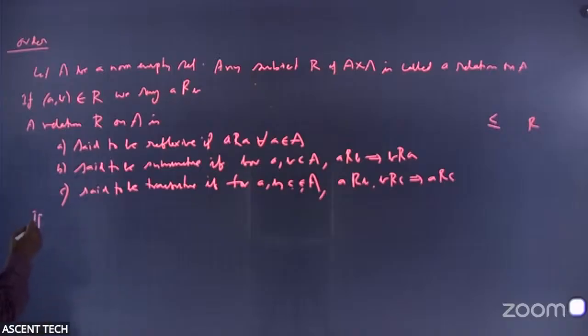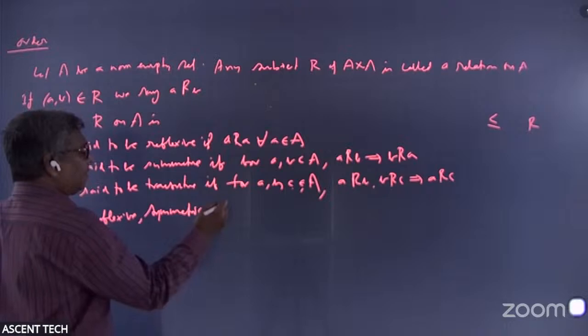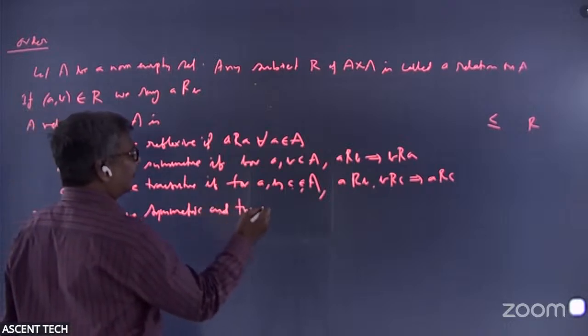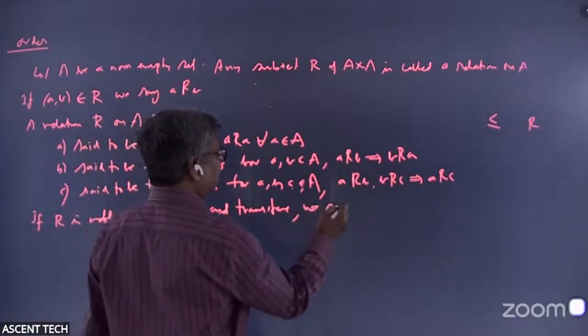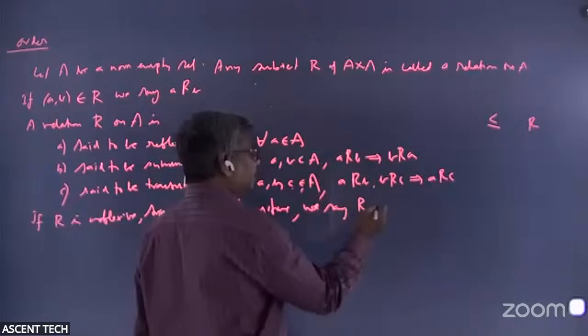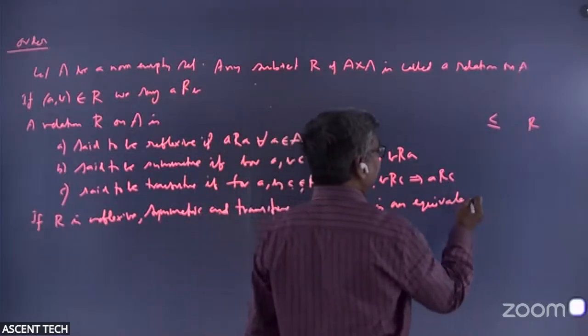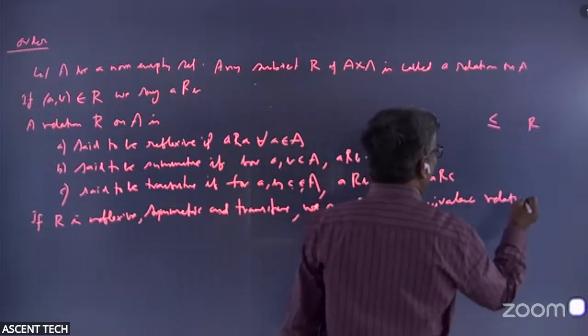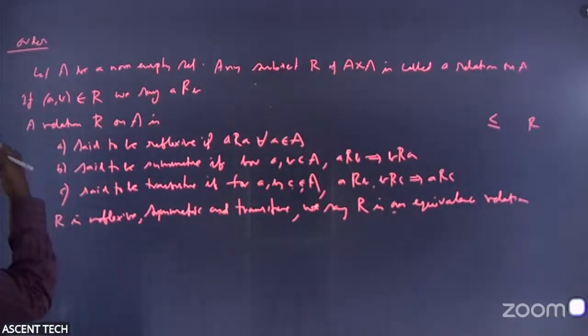If R is reflexive, symmetric, and transitive as well, we say R is an equivalence relation. I'm not going to talk too much about these things, but anyway.